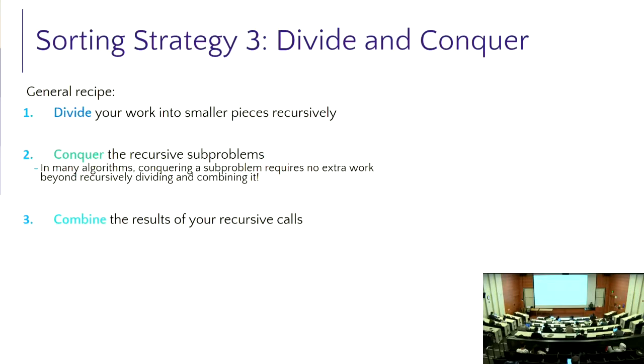A list of one item is already sorted. So that's our base case, and then we're going to combine that stuff back together as our recursive calls end up completing, and then we'll end up with a sorted collection at the completion of all the calls.